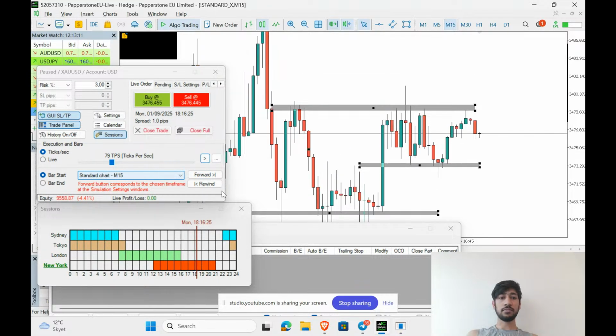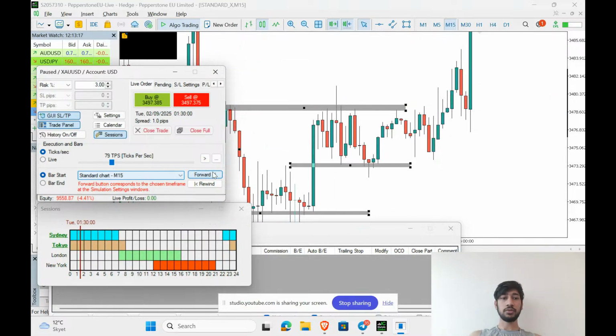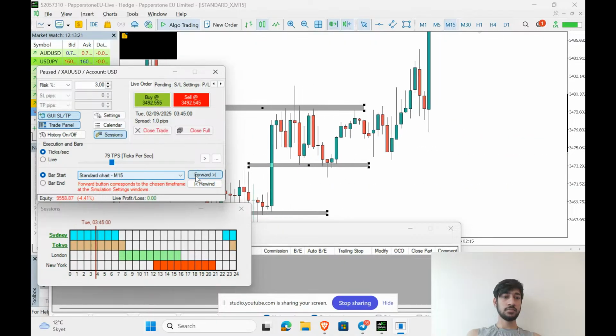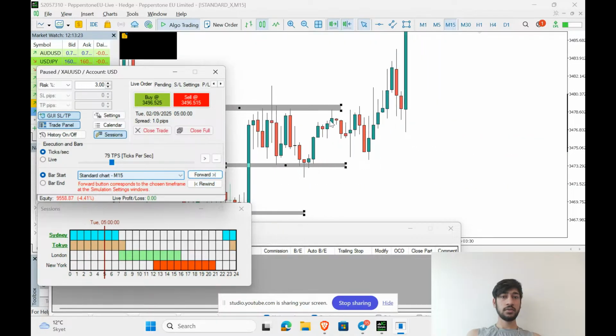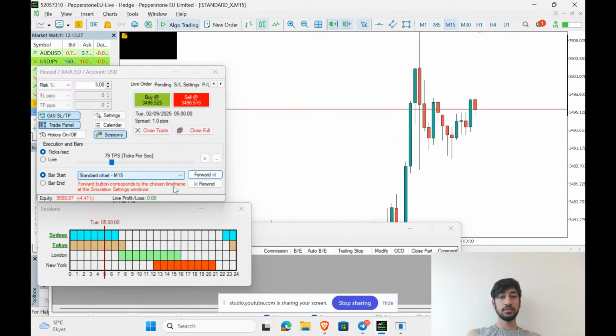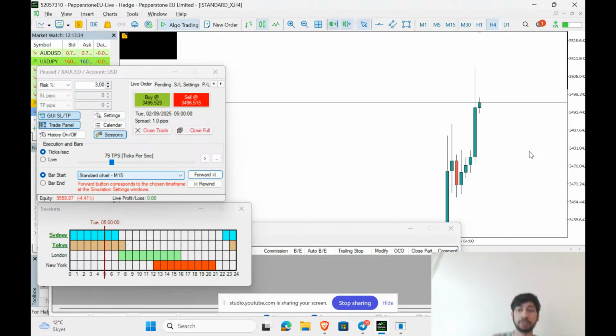So we are far away from our trading time, so we just forward this. We go to the pre-learning session. As you can see, we had a losing trade. So it's fine even if it's a losing trade because we followed our plan. That's the key thing.